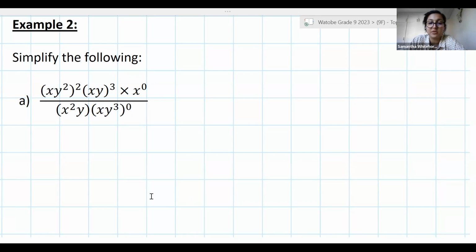Anyone else want to help me with this question? Do we need another minute? Oh, we're quiet tonight. And you've got this. You know the laws of exponents. Anyone who wants to try?